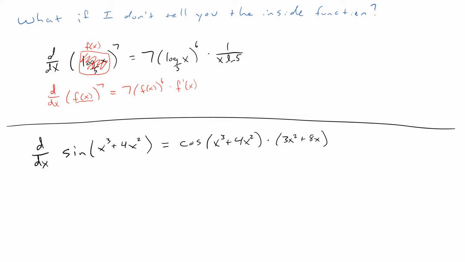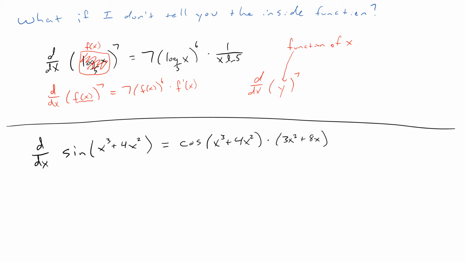So let me do this one more time. Suppose I ask you to do the derivative of y to the 7th power, where again, that y represents some function of x that I'm not telling you. Okay?